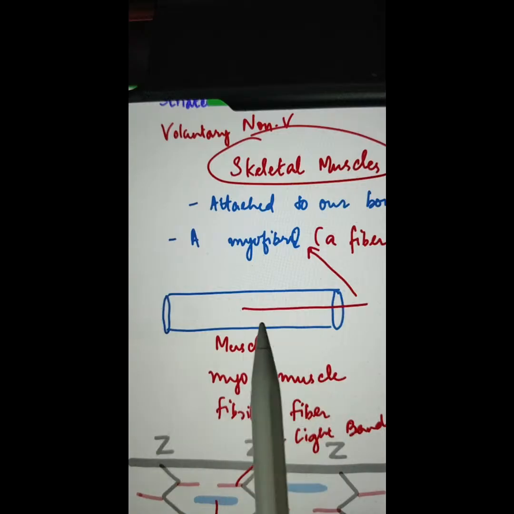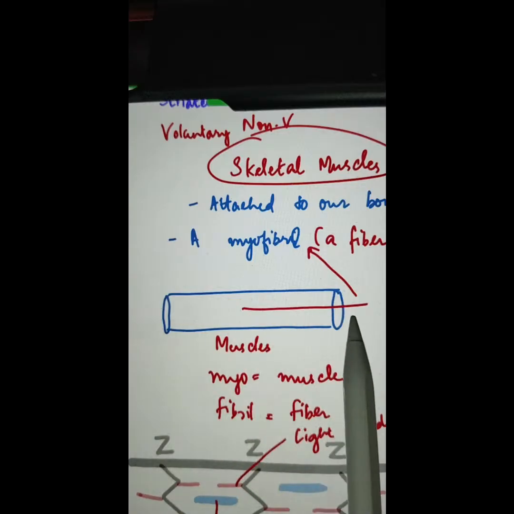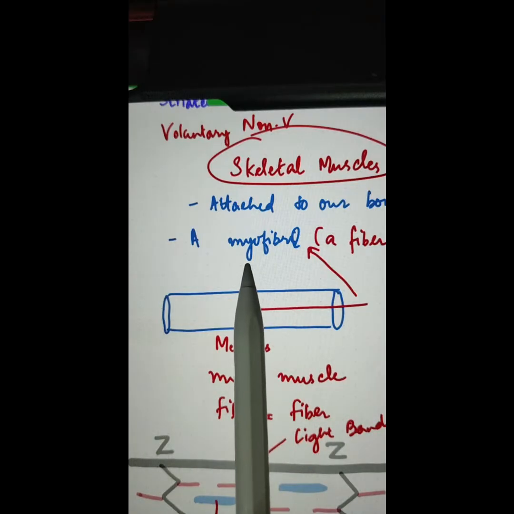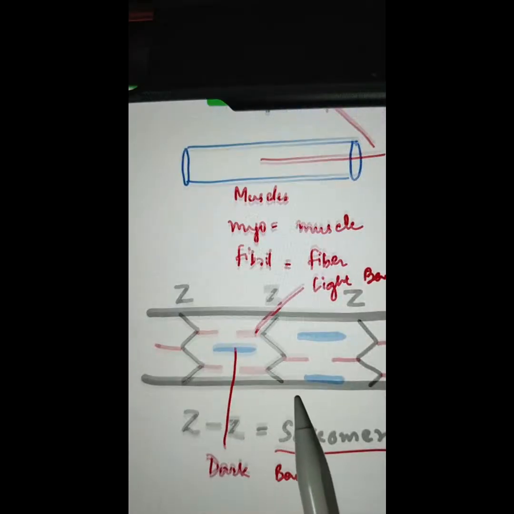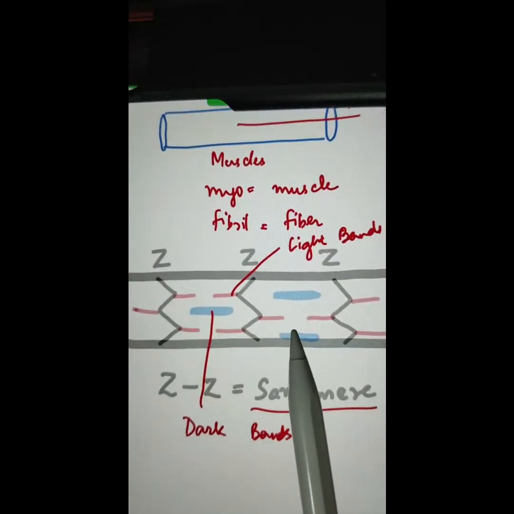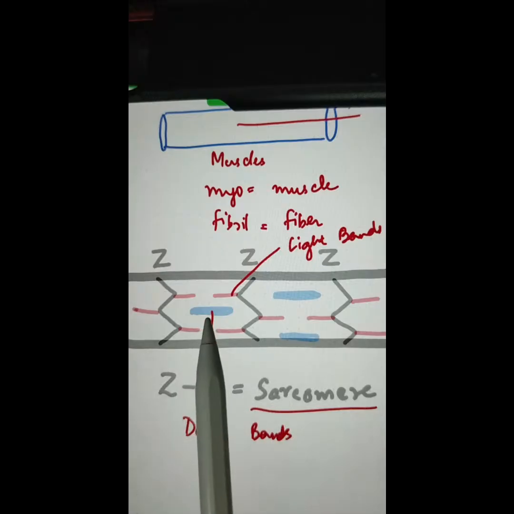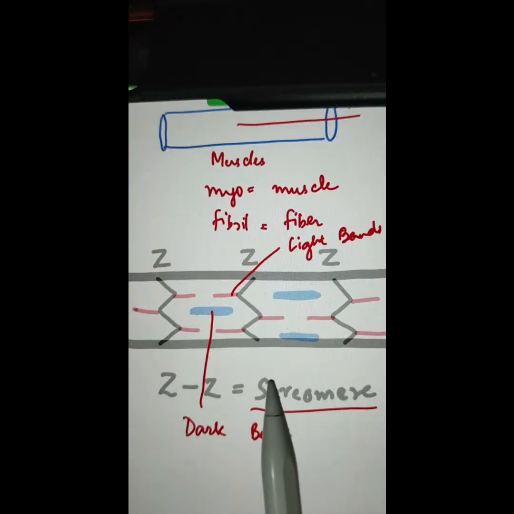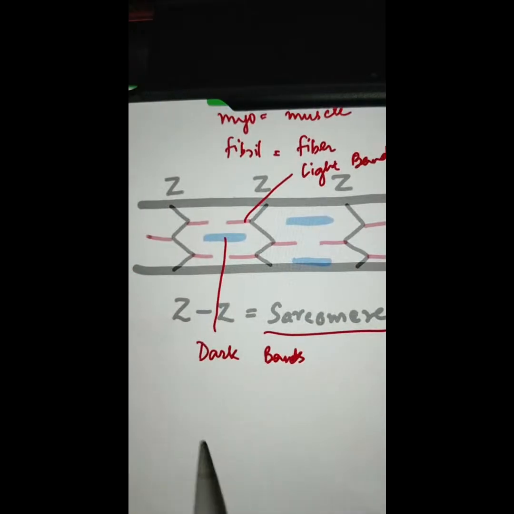So this is the bundle, the blue one, and this is the smallest fibril, which is the myofibril. And here I have drawn a myofibril. So in this structure, you can observe sarcomere, light and dark bands.